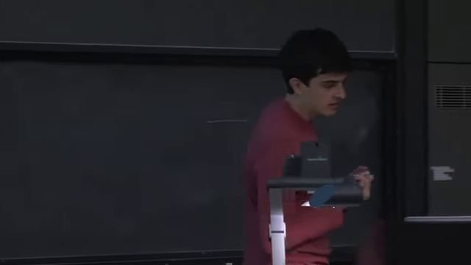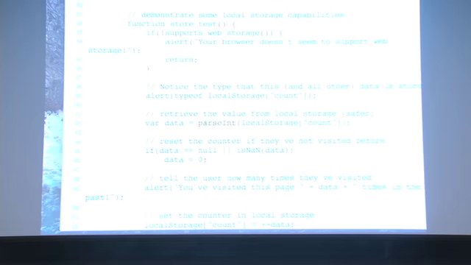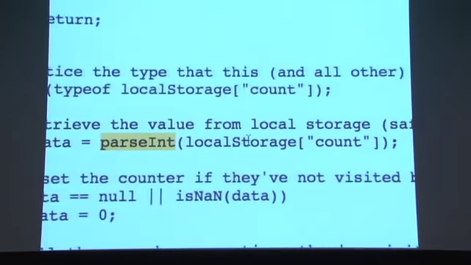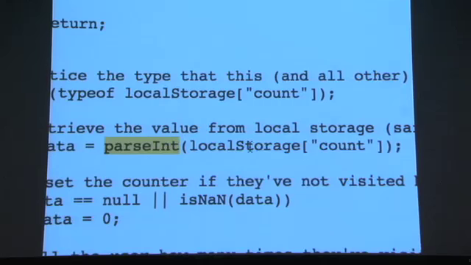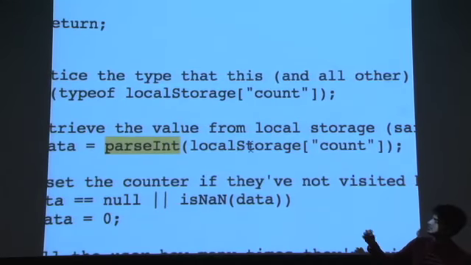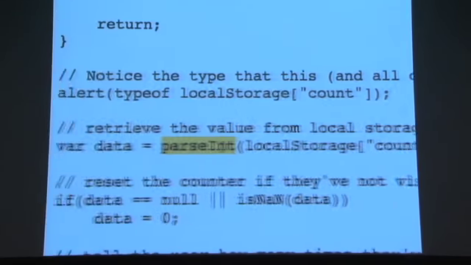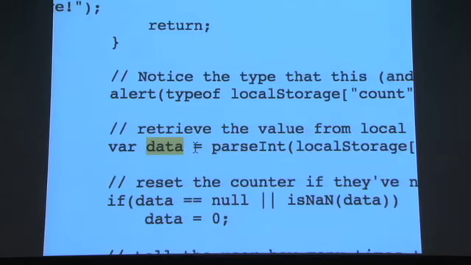And then I might be able to know for sure whether or not that conversion happened successfully. And so I'm using then the parseInt function that comes with JavaScript on that data, on local storage count, to try to capture that string and cast it into an integer. And I'm storing the resulting data into this same variable called data here.